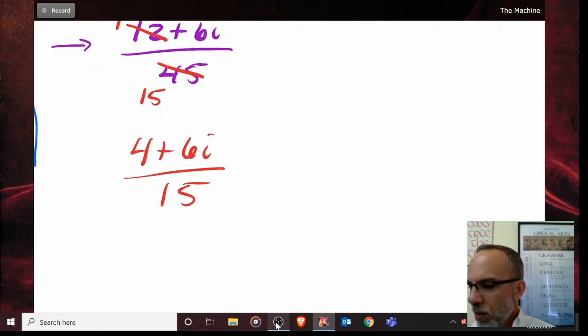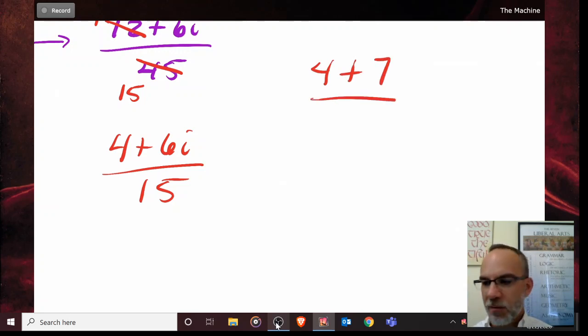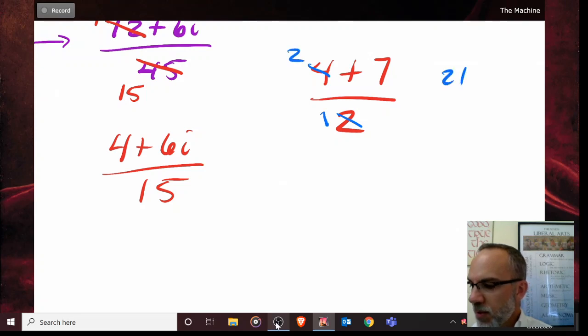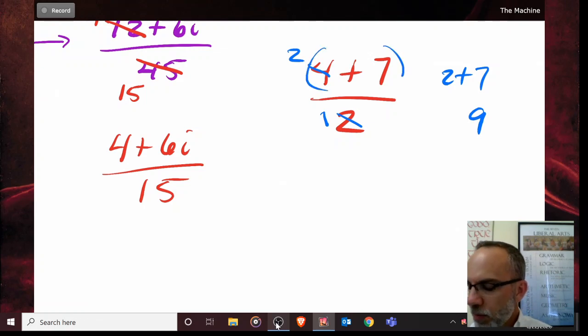And let me show you one more, kind of a simpler example. If I said 4 plus 7 all over 2, here's an extremely simplified version of this mistake. Does this 4 and this 2 cancel, leaving me a 1 and a 2? So it's 2 plus 7. Is that 9? Absolutely not. This is a group.